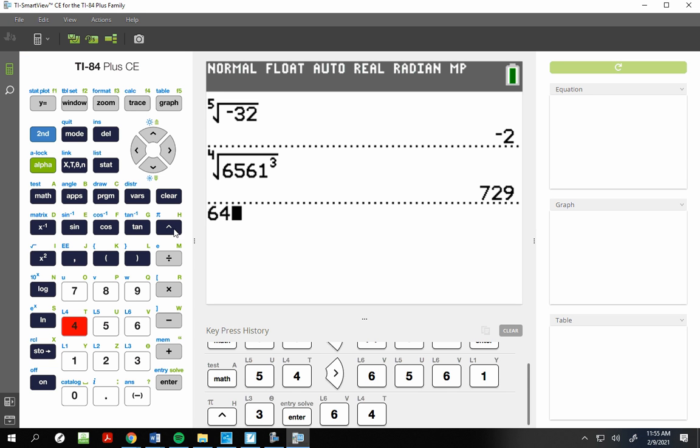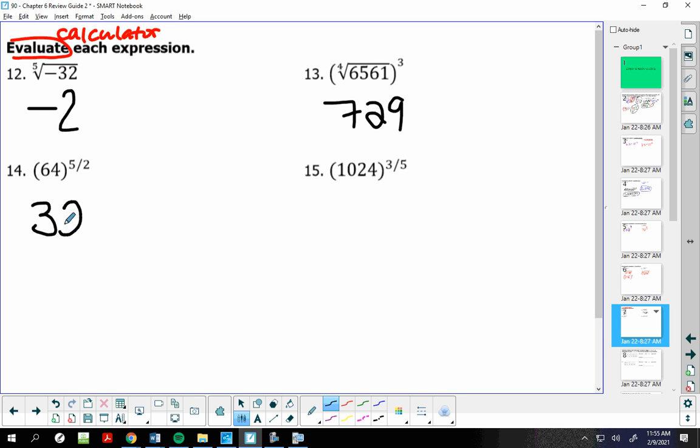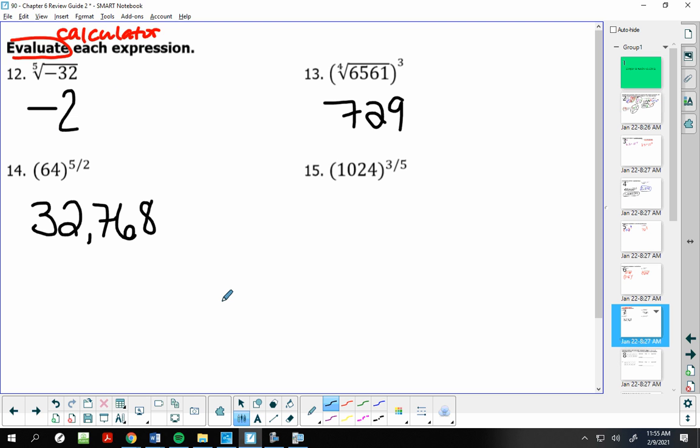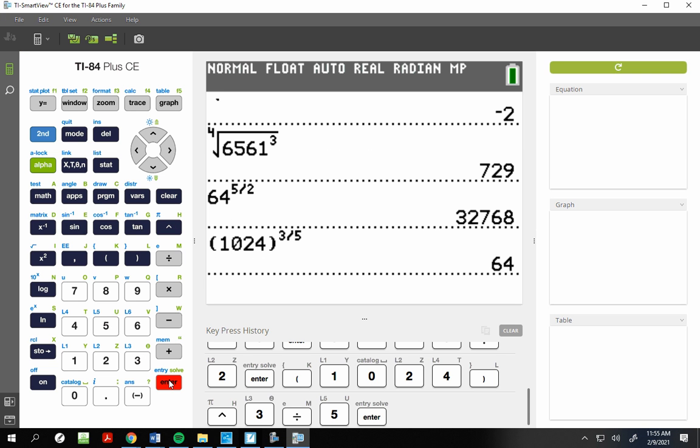So 64 raised to the 5 divided by 2. And we get 32,768. And then 1,024 in parentheses raised to the 3/5 power. And we get 64.